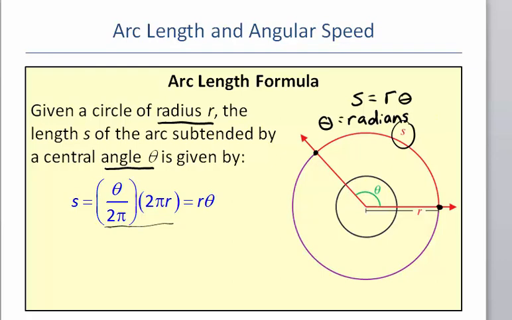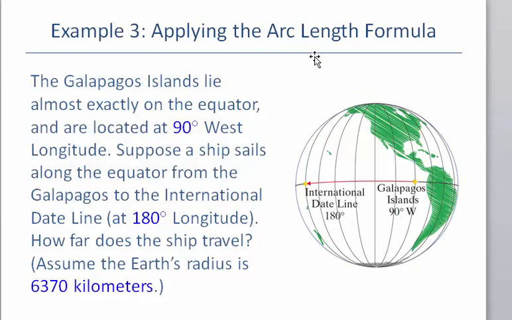Okay, so let's take a look at an example using this formula. I'm going to drop my formula up here at the top so we don't forget it. S is equal to R theta. And let's look at how this is applied. All right, so we are told that we have this island that is here at 90 degrees west longitude, and we have the international date line, which is here at 180 degrees longitude.